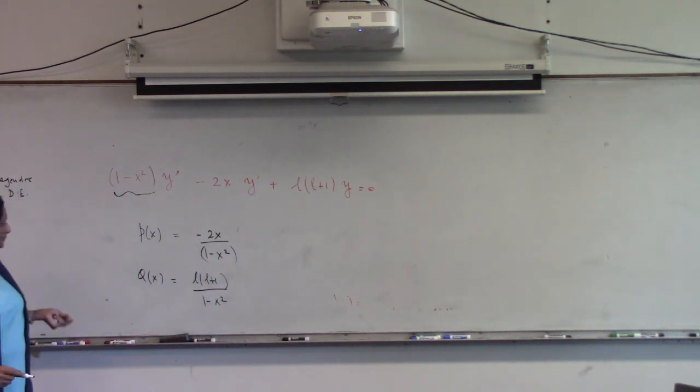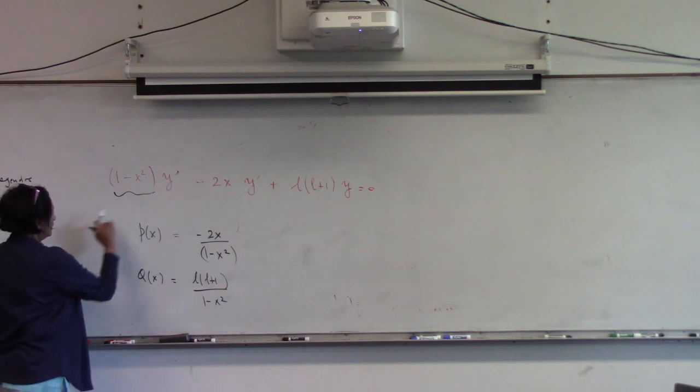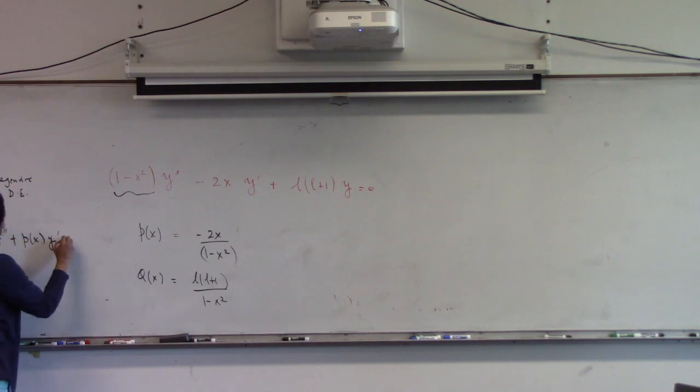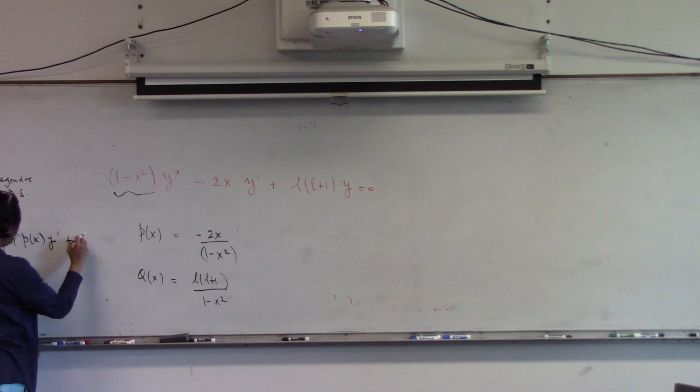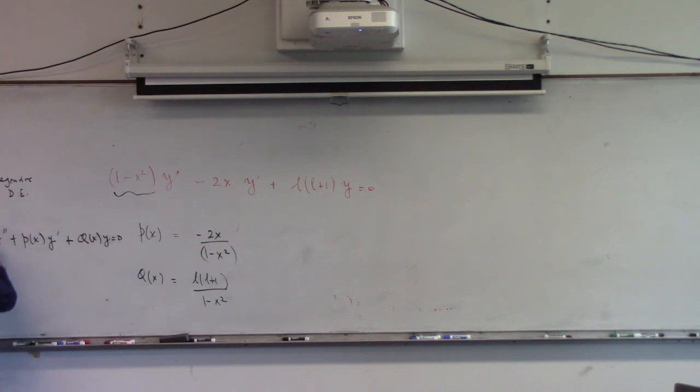So that's the first step. P of x is the coefficient of y prime. Q of x is the coefficient of y. All right, if that is the case, how does this function behave, P of x?